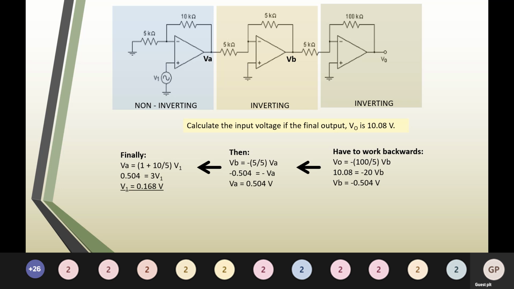Now with that output, find the input to the second part. This will act as the output for the first one. With that output, find the input, and that will be the overall one. Hope this is clear. You don't have any doubts.